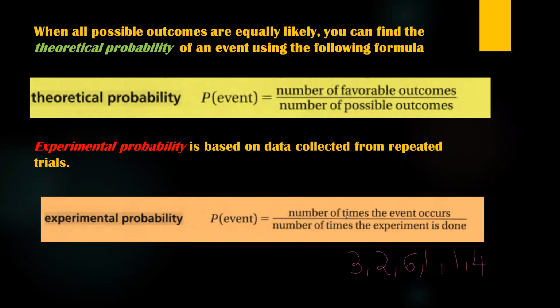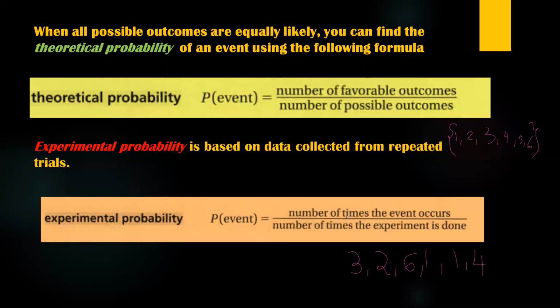Theoretical means I just say what the outcomes are that I can have from throwing a die. I will not throw the die and see what the numbers will be. I just list all the numbers on the number cube.